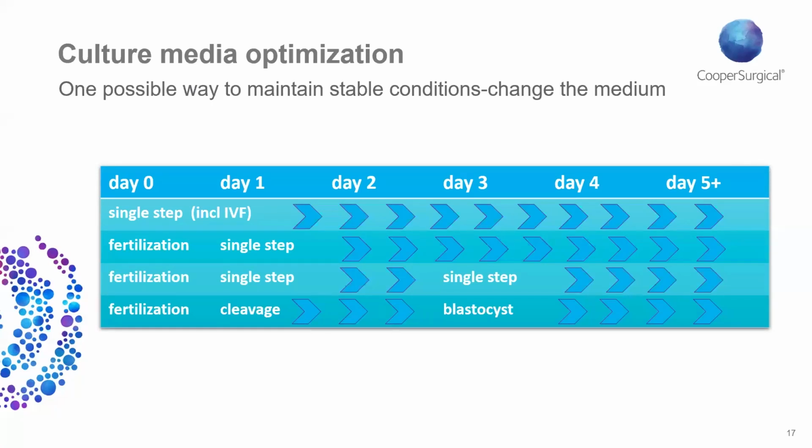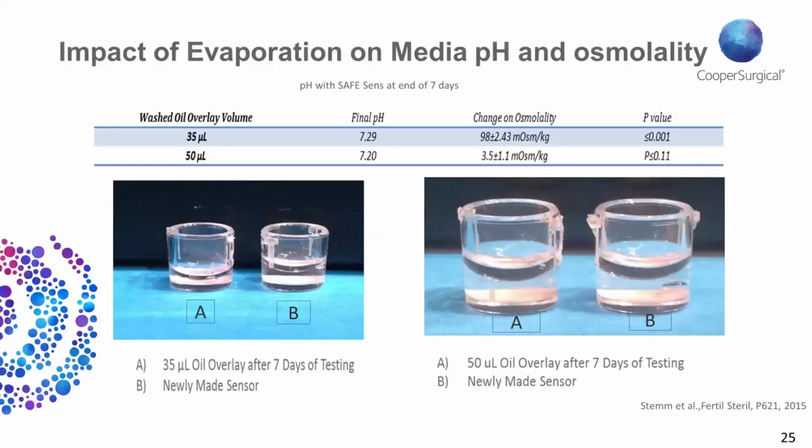Those embryos are already compromised, and therefore we should be thinking carefully about changing media on day 5 if we're keeping embryos in culture. In an ideal world, we want to go to uninterrupted culture, but we need to be sure that our system will accommodate that and we're not doing more harm by changing the culture environment, which outweighs the benefit of keeping embryos undisturbed.